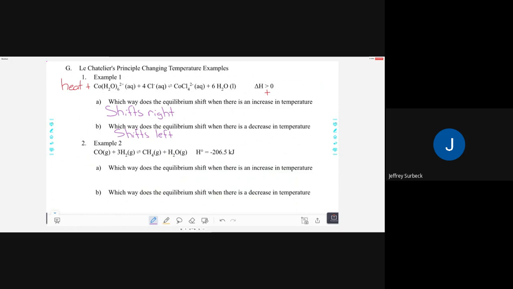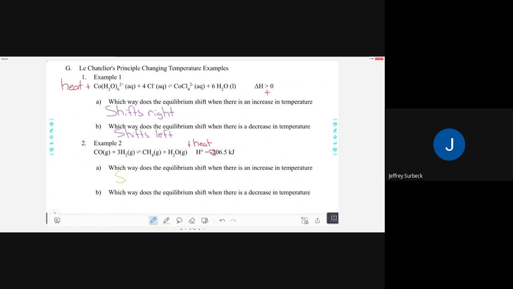Yeah. Okay. All right, so example 2, in our heat, we have this, it's negative, so what side is heat on? Right. Right, as a product, okay? Now, number 2 says, which way does the equilibrium shift? Increase in temperature, so we crank the temperature up, shifts opposite. There we go.